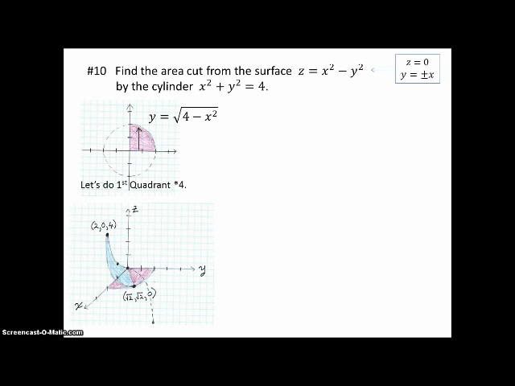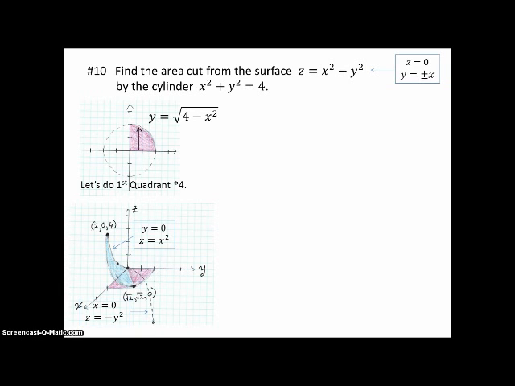And that also helped me draw it. Notice that if y is 0, then the image on the xz plane is the parabola z equal x squared. And if x is 0, then the image on the yz plane is z equal negative y squared.